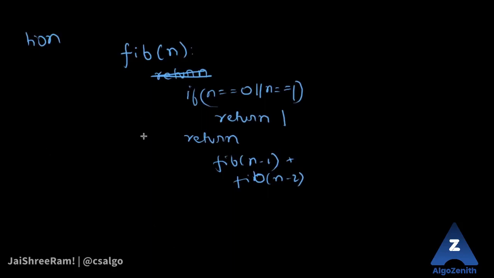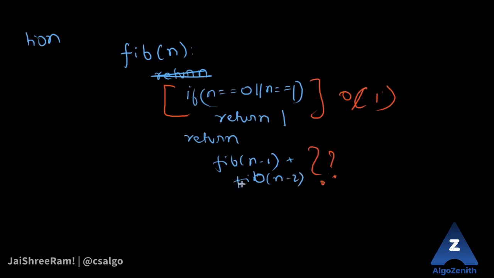In a crude sense, we need to find the number of executions being done in this code. But since it's recursive, we have to keep track of a lot of things. The base case takes just order 1, but what does this take? This is really weird, right?